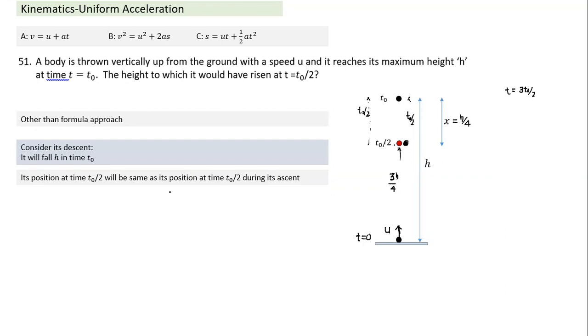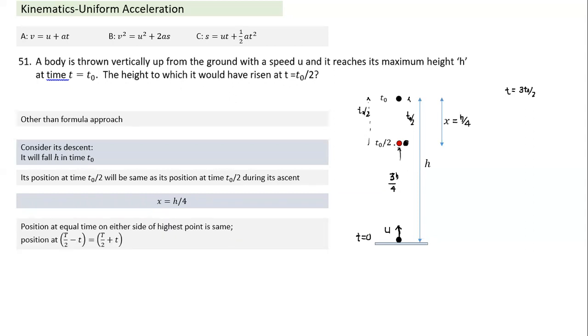So the position at time t0 by 2 will be the same as its position at time t0 by 2 during its descent. So x will be h by 4 and hence the time. This makes sense: position at equal time on either side of the highest point is the same.